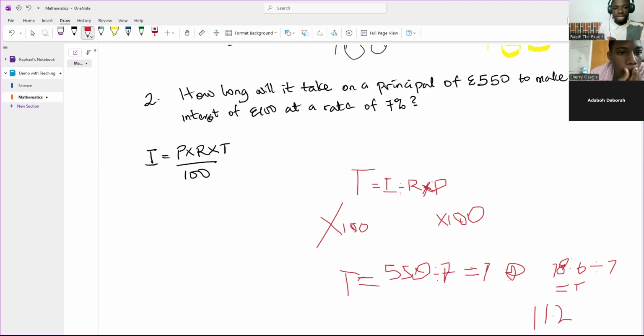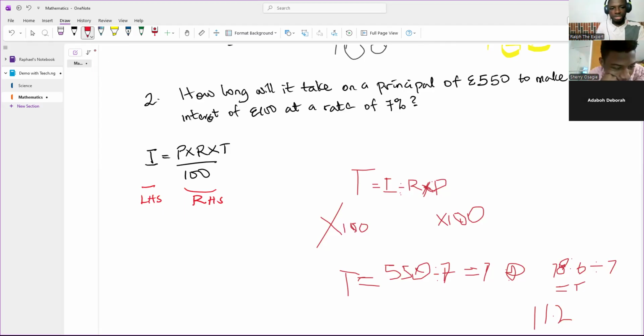The right hand side has a fraction, and the left hand side is I alone. I want to take everything from the right hand side except t, which represents time. I want to take P, R and 100 to the left hand side and leave t on the right hand side. Do you understand that?